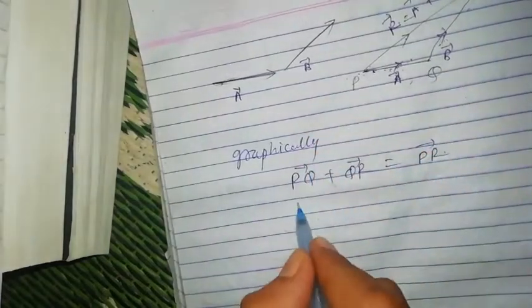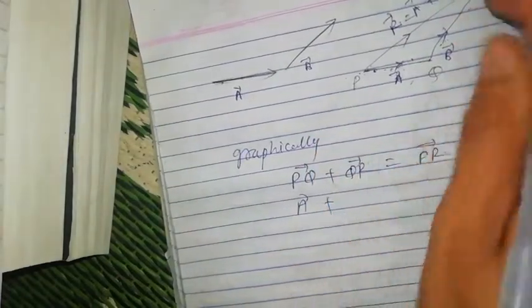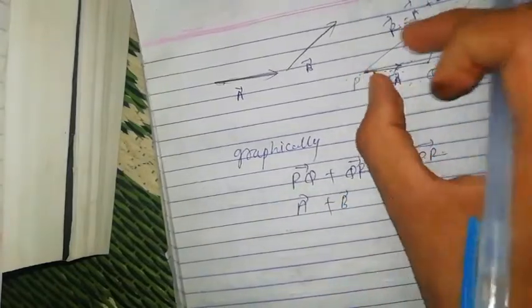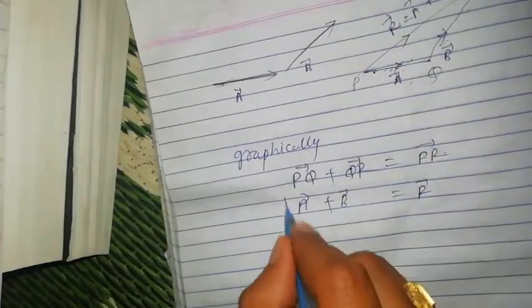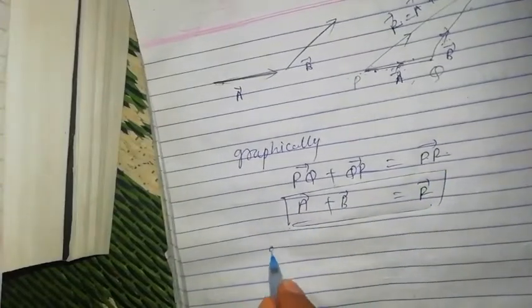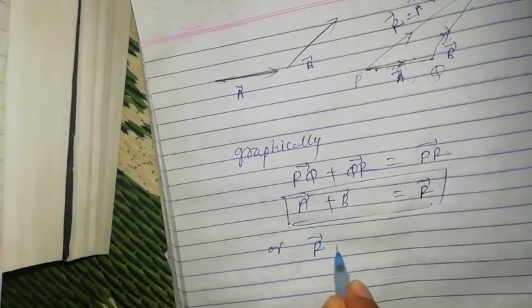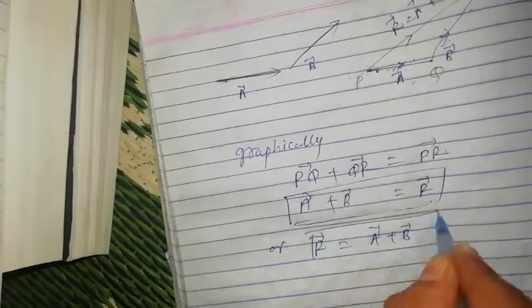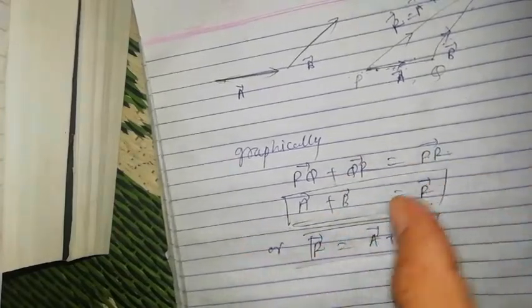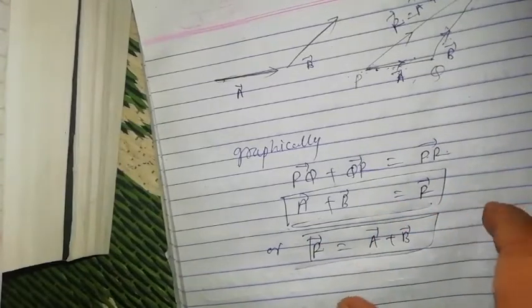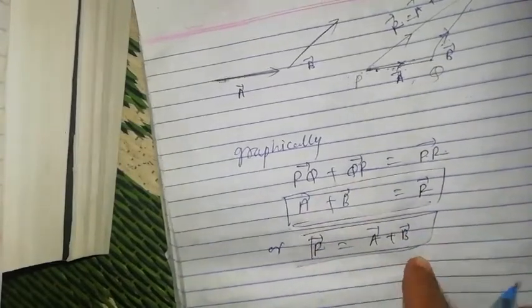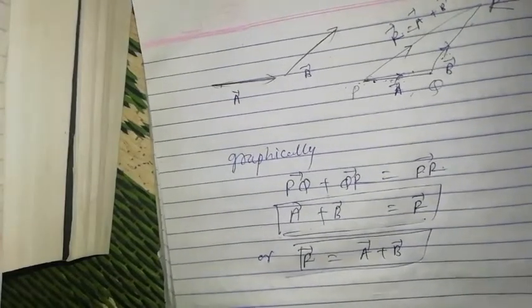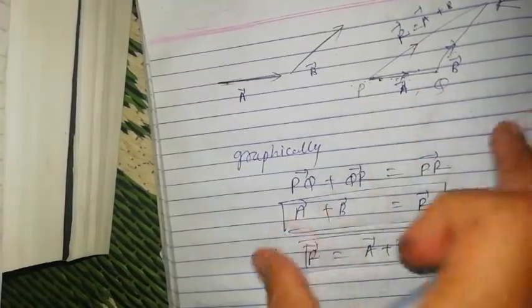PQ means vector A and QR means vector B, equal to PR, that means vector R. We can write vector R is equal to vector A plus vector B. This is the law of triangle of vector addition.